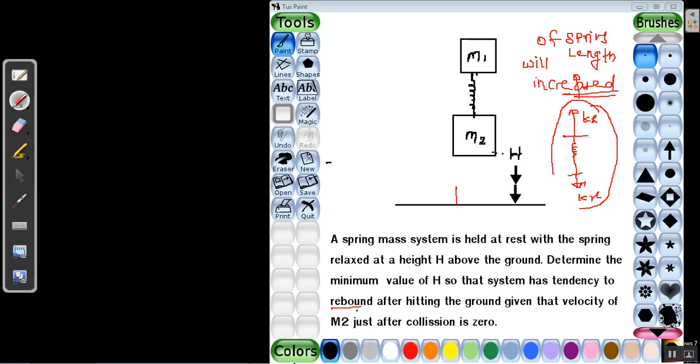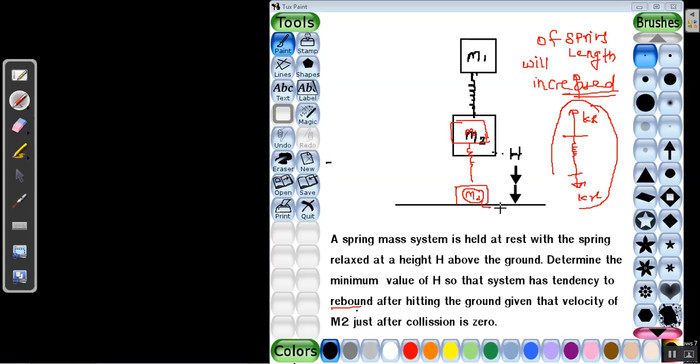Here this will be, let's suppose, m2, and m1 will be somewhere here, and they are attached by a string. Just after the collision, the velocity of m2 is going to be 0.